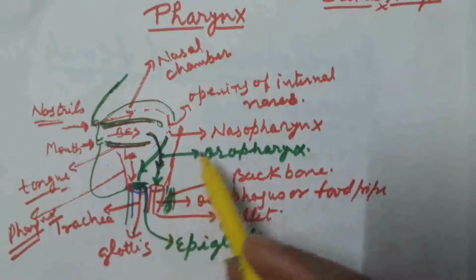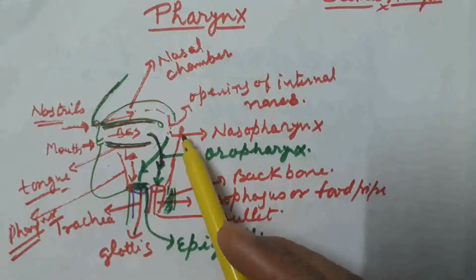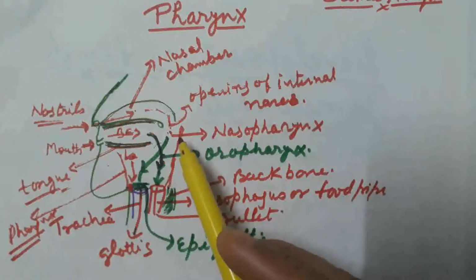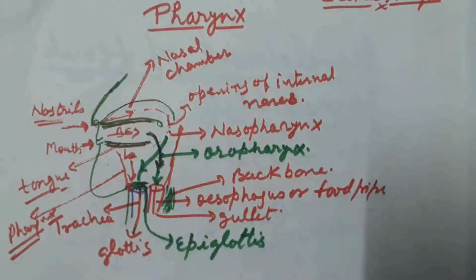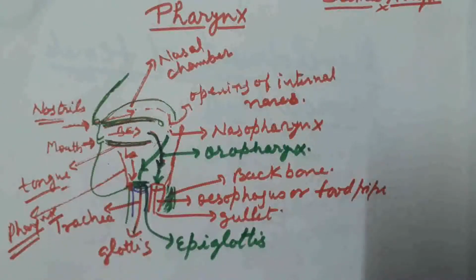One more thing about nasopharynx region, that is eustachian canal also opens into the nasopharynx region. What is eustachian canal? This is the connection of buccal cavity with the middle ear. Middle ear is connected with the buccal cavity through this canal, that is known as the eustachian canal.